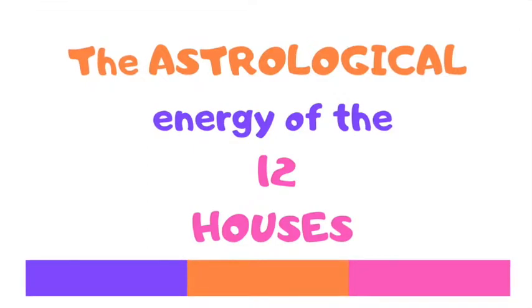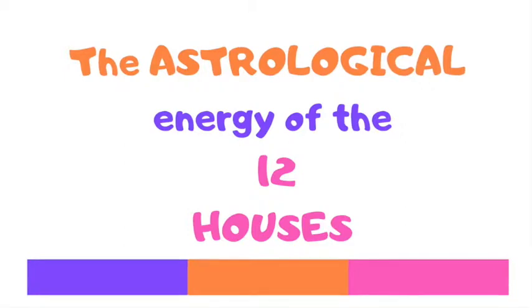Let me give you another example. Let's say your sun sign of Cancer falls in the 10th house. Then the 10th house is ruled by Capricorn and is an earth sign.